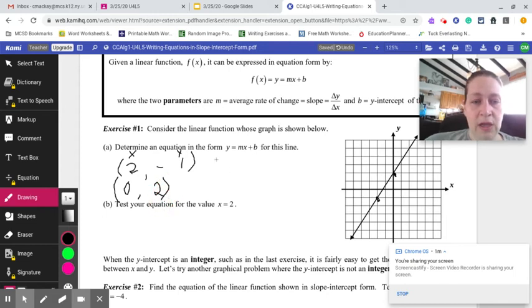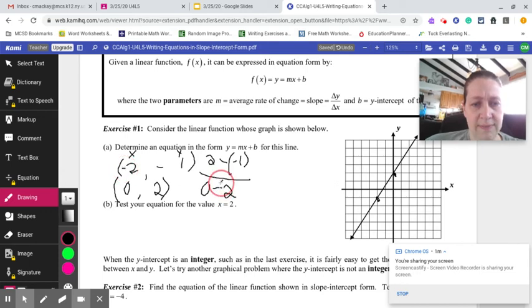So 2 minus -1 over 0 minus 2. Oops, that'd be 0 minus -2.